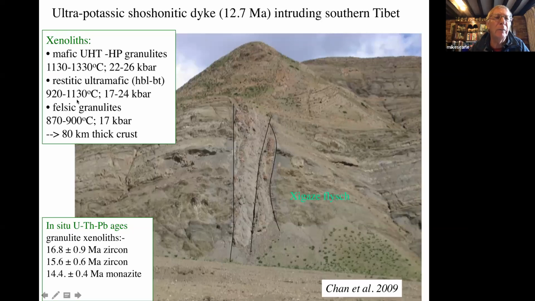They're mostly mafic and felsic granulites formed at extremely high temperatures and very high pressures, 25, 26 kilobars. You can date the zircons and monazites in these xenoliths, and they are the same age as the youngest leucogranites extruding in the Kangshung face of Everest, so 14, 16 million years. So we absolutely know that by this time, the Himalayas had a crust that was at least 70, 80 kilometers thick and was producing granulite facies metamorphism.